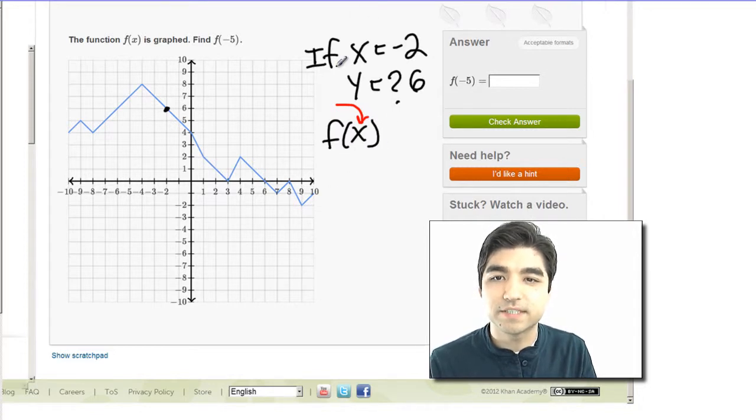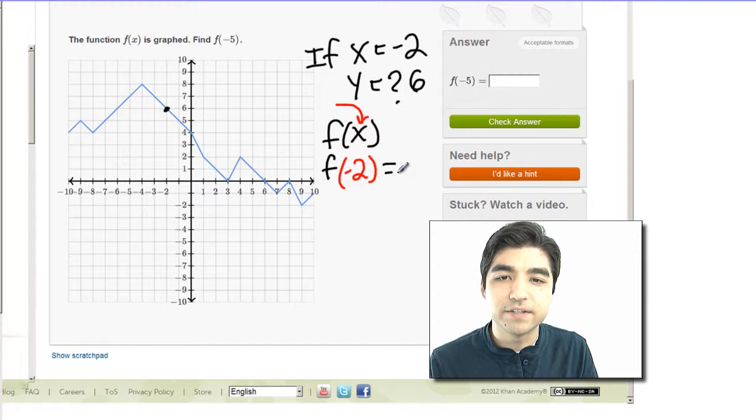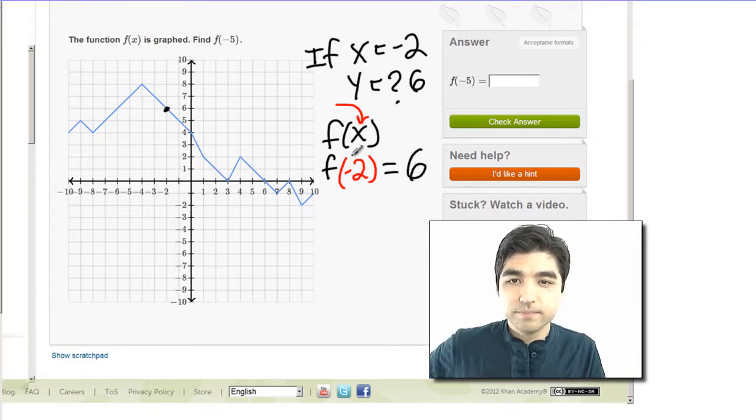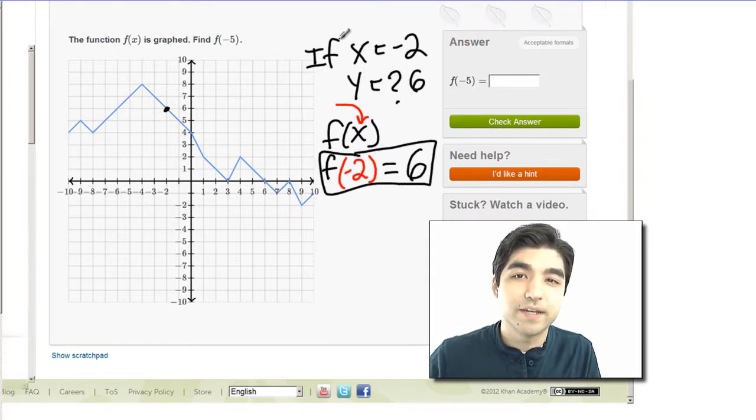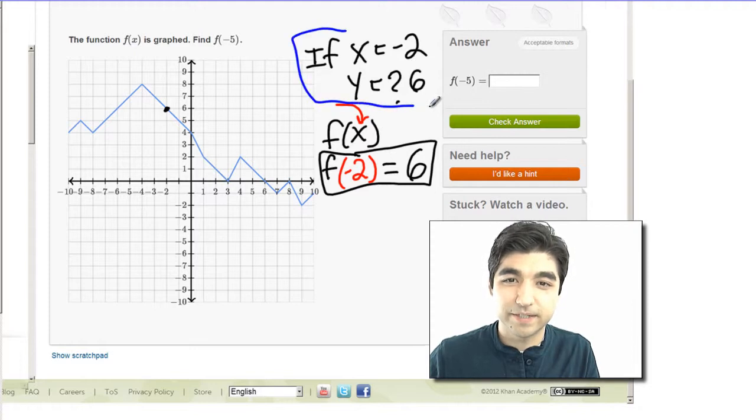So for our particular example, it would be f of negative 2, right? And then you have the y value equals whatever that is. So in our case, go to negative 2, go up, and we learn that it is 6. This is a much more useful and efficient way of writing it than what we had up here.